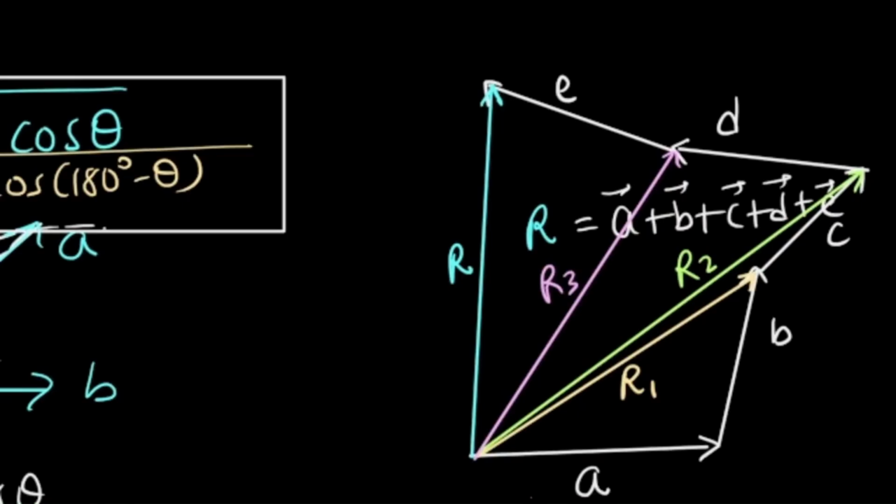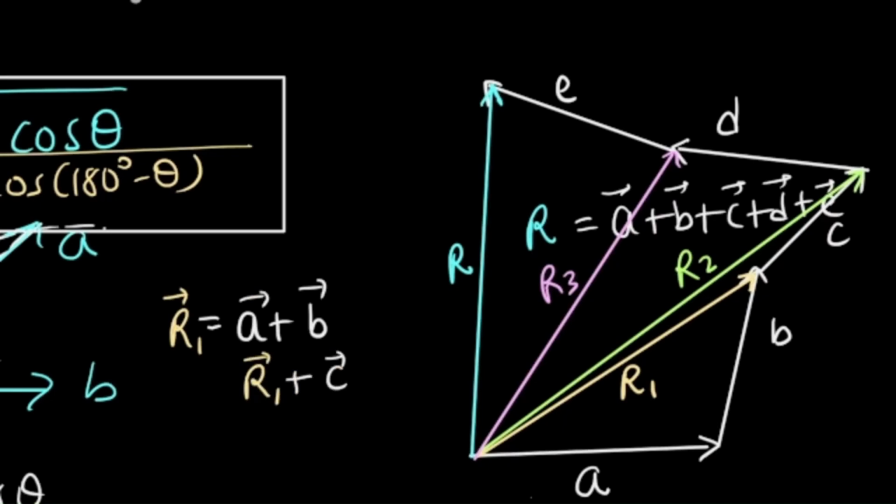So here you go. Let's write it down. Vector R1 is equal to A plus B. In the next step, you're going to add this R1 to what? R1 will be added to vector C. What does it give us? That gives us vector R2.